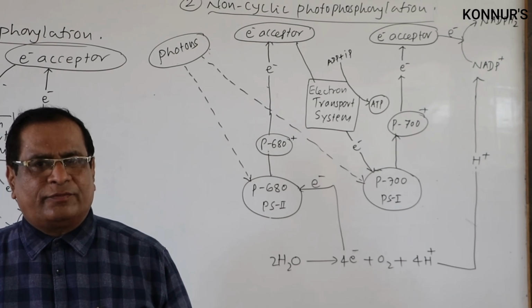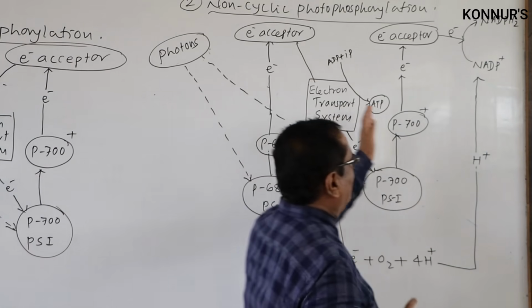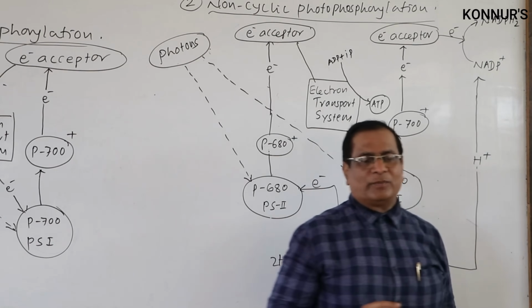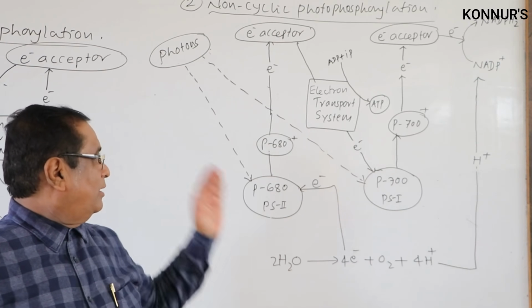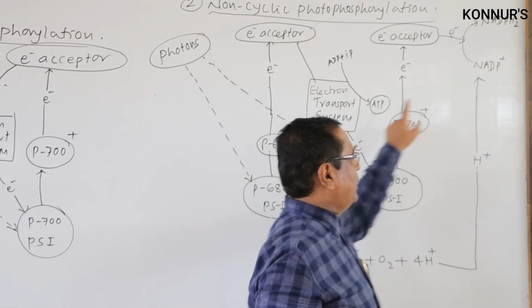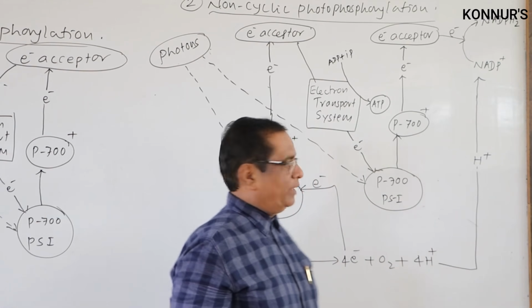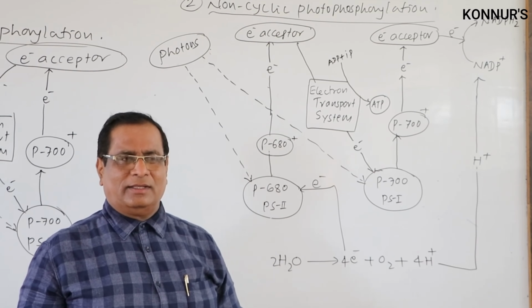What is the outcome of this non-cyclic photophosphorylation? 1 ATP and 1 NADPH2. But in cyclic photophosphorylation, just 1 ATP. And in non-cyclic photophosphorylation, 1 ATP and 1 NADPH2 are formed. Then they can make many NEET questions.